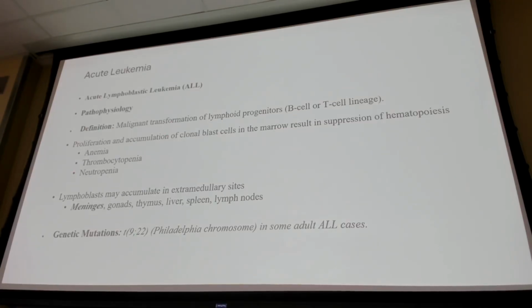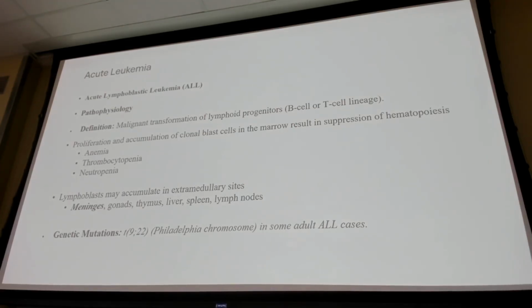Pathophys, kind of the same, right? In this case, it's transformation of those lymphoid cells. So what's the cell type that we expect to see if we peeked into this patient's bone marrow with ALL? What's your predominant cell type? Lymphoblasts. All right. Proliferation and accumulation of blast cells, yes.